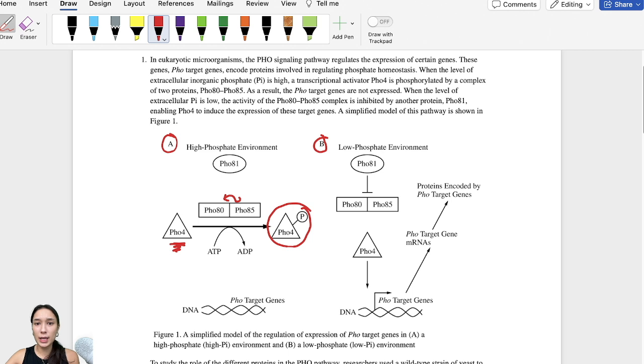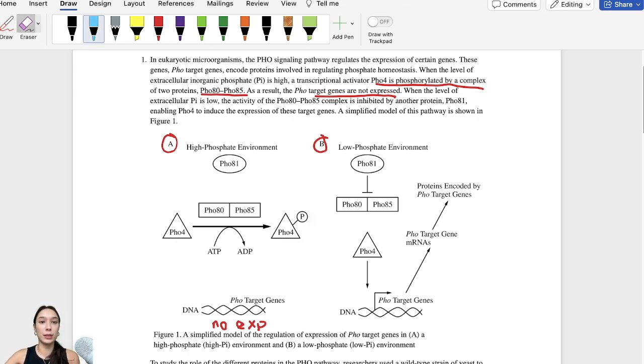It mentions in the first part of the question that when FO4 is phosphorylated by a complex, which was our FO80 and FO85, the target genes are not expressed. So you actually get no expression here. This phosphorylation of FO4 basically makes it inactive, and as a result, you're not expressing any of those FO genes.